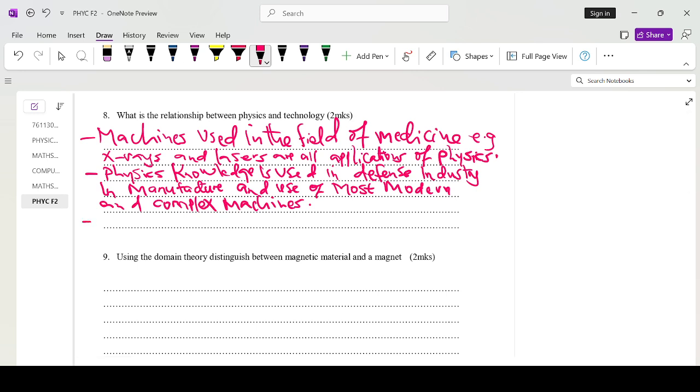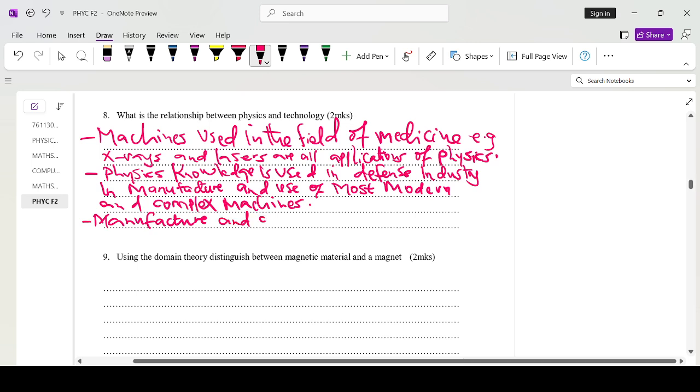You can even talk of it as the manufacture and use of satellites and microwave dishes used in IT to relay information.